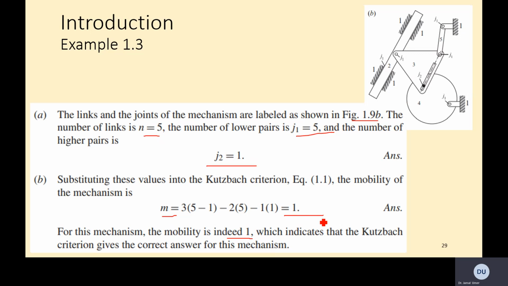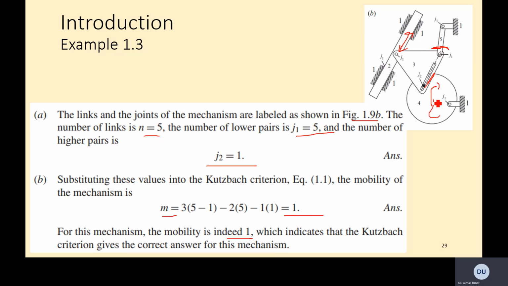Qualitatively you can understand, because if you slide this one up and down, this joint will move up and down. This can oscillate like this, this can slide up and down, and this can rotate. All these movements which I have highlighted, you can do the same way.